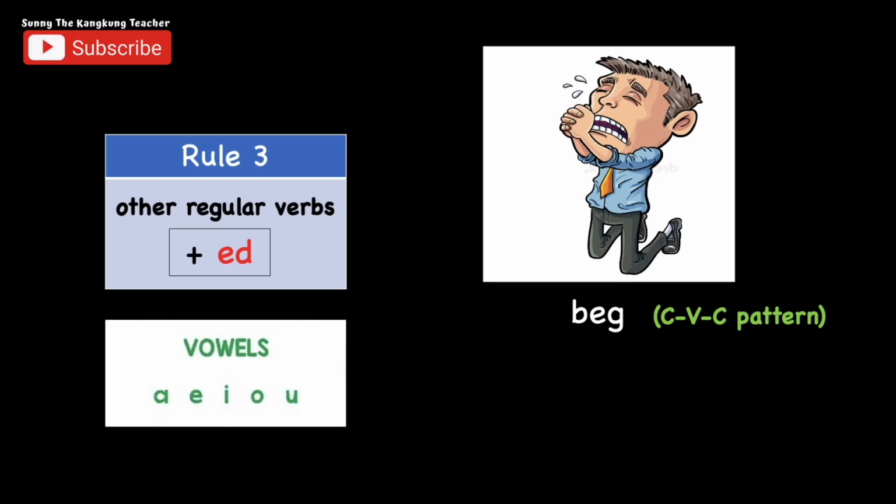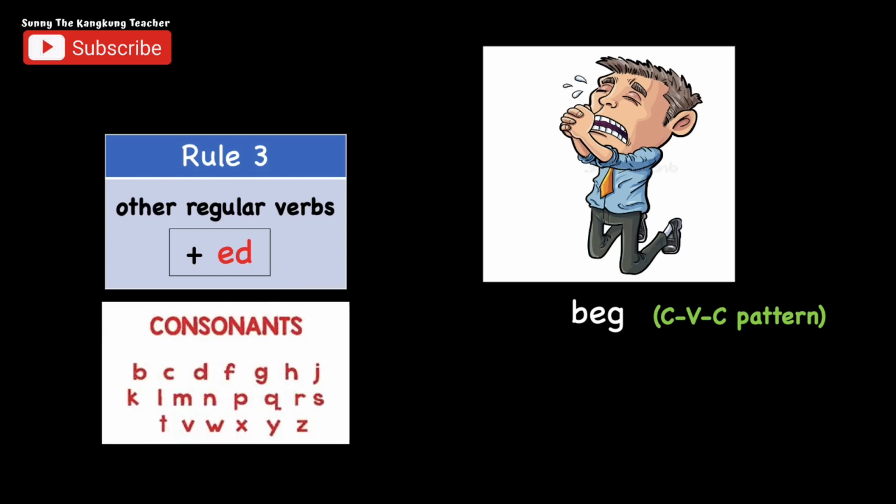The letter V refers to vowels, which are the sounds of A, E, I, O, U, and many other sounds. Whereas C refers to the consonants, which are the sounds that are not vowels, for example B, K, D, F, and many more.